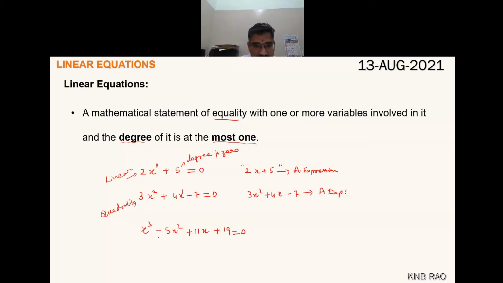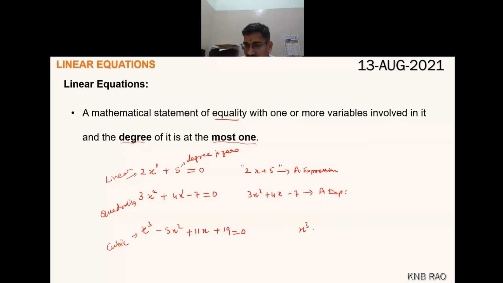Here the degree of the variable is at the most 3. So that's why it is called a cubic equation. Since it has an equality sign, we say it is a cubic equation. If there is no equality sign and number, then it is again an algebraic expression only.